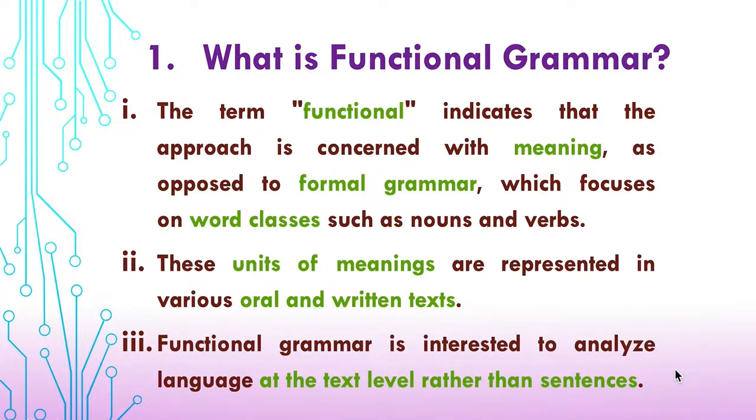So in formal grammar, we end up at the level of a single sentence. But in functional grammar, we don't talk about one single sentence. We talk about the text level, the paragraph level, the composition level. The text may be small, the text may be long, depending upon what you are going to look at.